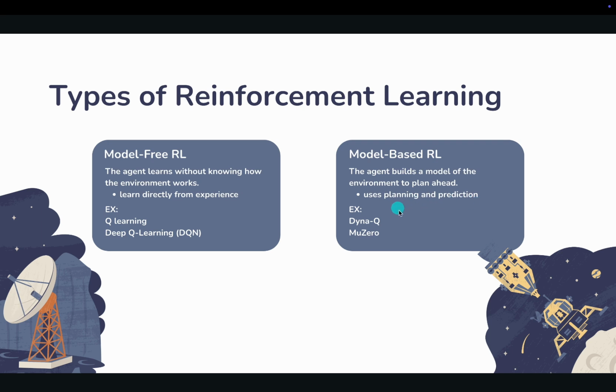For example, DynaQ learns a model from experience and uses that to provide more model transitions to a value function. This time we will only discuss the model-free ones, which are Q-learning and deep Q-learning.